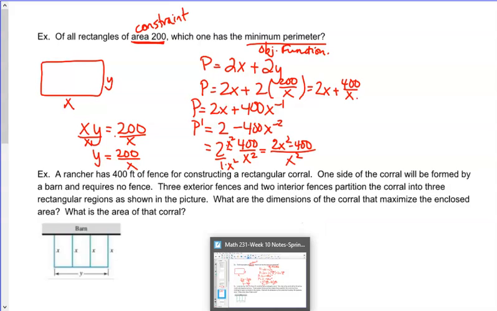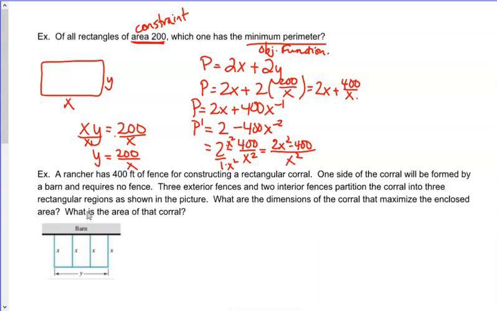Now, if I am looking at what is the interval of interest that I have, then I need to determine from my constraint function or from my perimeter function what are some allowable values that I have there.